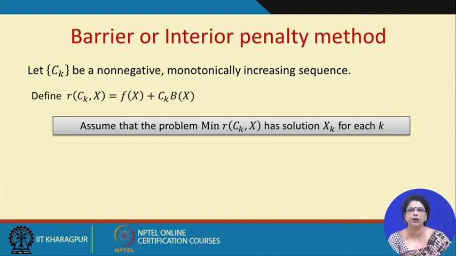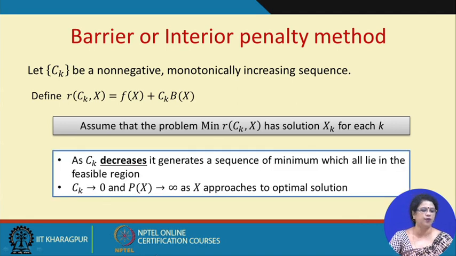We will get a feel with certain examples, but for different C, we will get a sequence of unconstrained optimization problems. If we consider k as the index of iteration starting from k equal to 1, then C1 will be chosen such that we are within the feasible space.